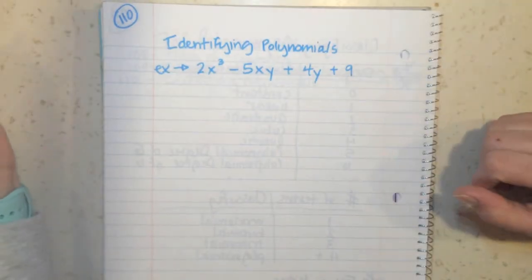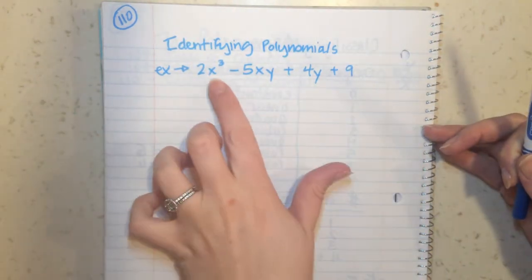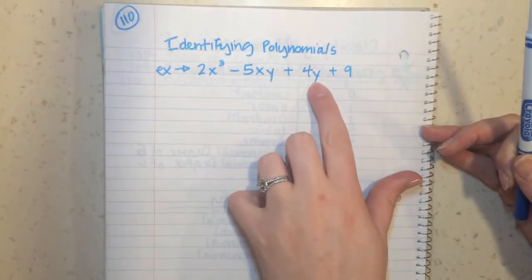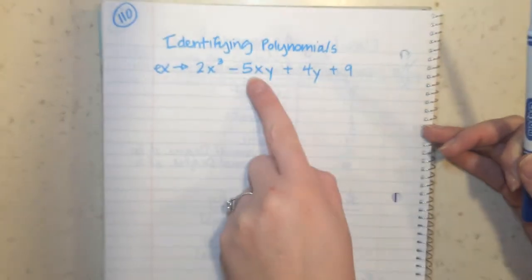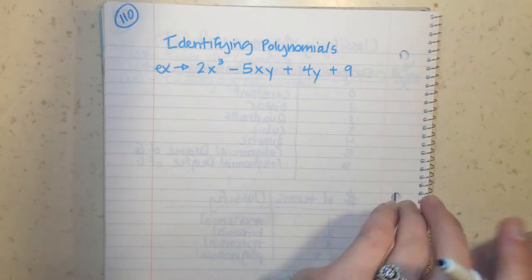And we remember from last year that none of these are like terms, right? We have x to an exponent, we have y by itself, we have a constant, and we have x times y. So none of these are like terms, right?